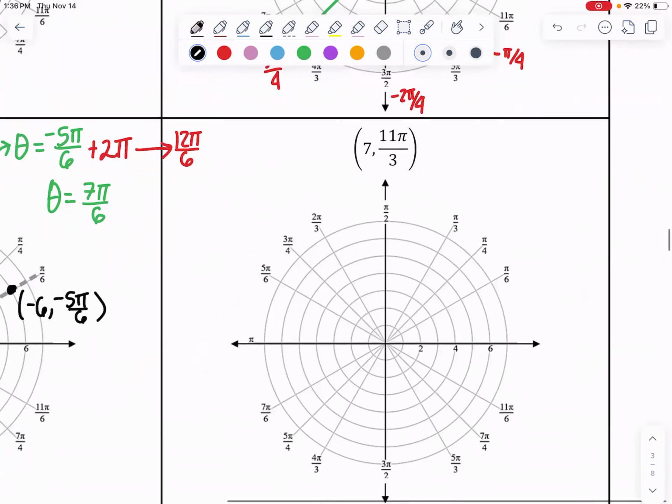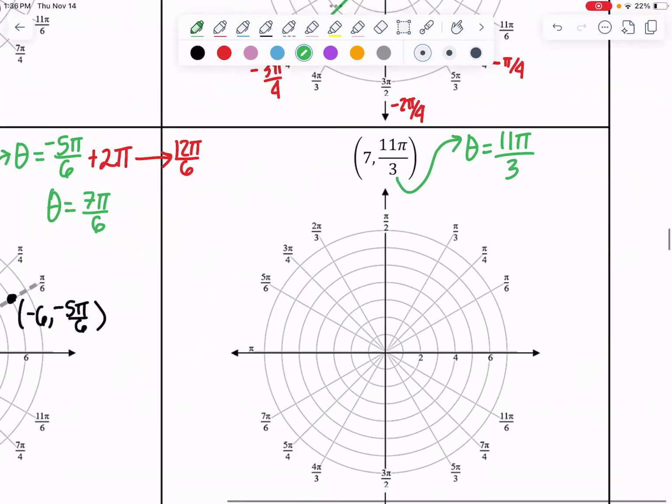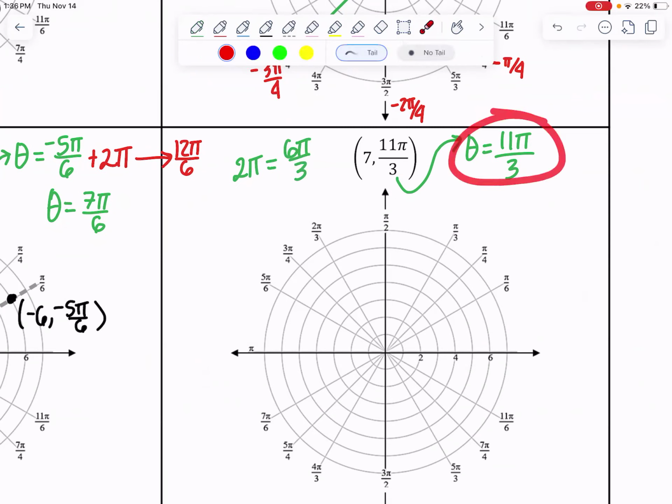Finally, last but not least, we have this guy here. Theta is equal to 11 pi over 3. This is different. This is like a problematic angle in a different way. 2 pi would be the same thing as 6 pi over 3. So 11 pi over 3 is outside of the first revolution.